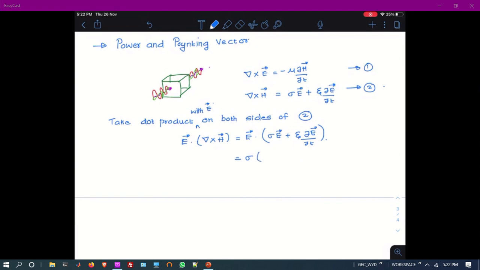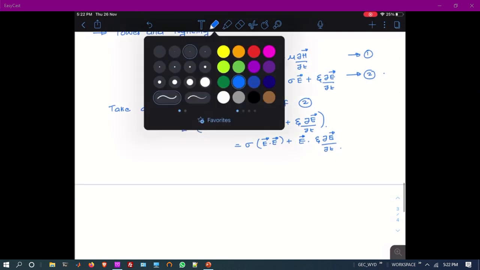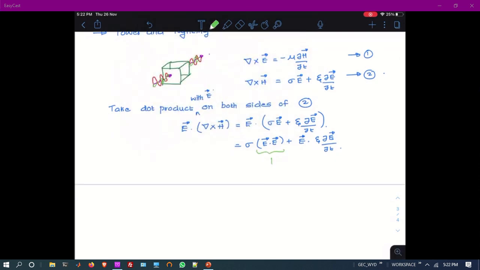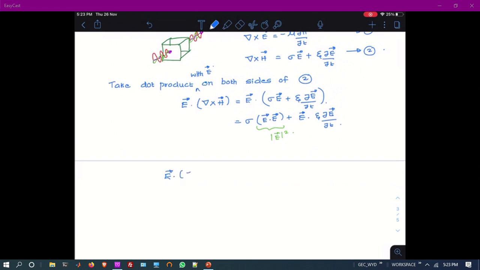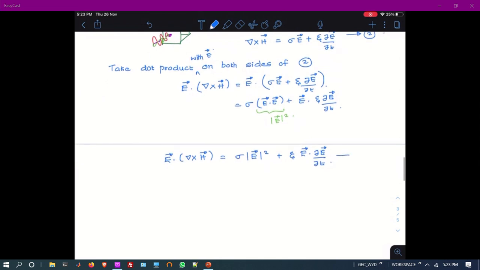So this is sigma E dot E plus epsilon E dot dou E by dou t. Now E dot E, we have already seen, is the magnitude of E squared. So I can write E dot del cross H is equal to sigma magnitude of E squared plus, you can take epsilon out because it's a constant, epsilon times E dot dou E by dou t. Let's say this is equation number 3.